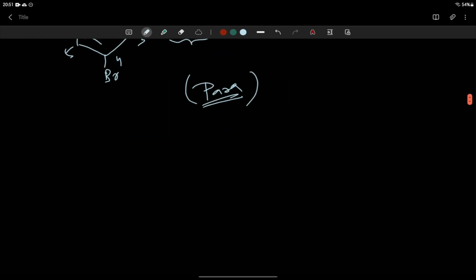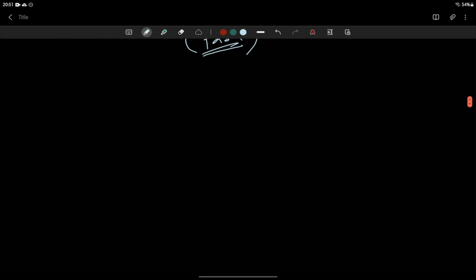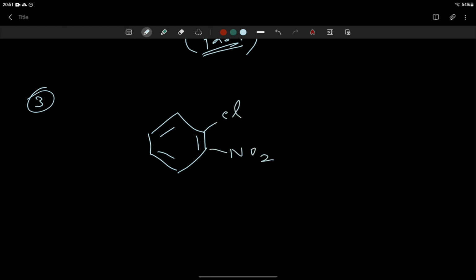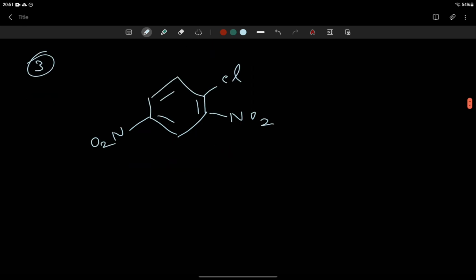Now if the benzene ring is tri-substituted, meaning 3 substituents are present, then how to name it? So again, this is a benzene ring, excuse my drawing please, NO2 and here NO2, right? Now in this one chloro group is there and nitro groups are there. Chloro and nitro are both low-priority groups, but chlorine, C, comes first alphabetically before nitro.